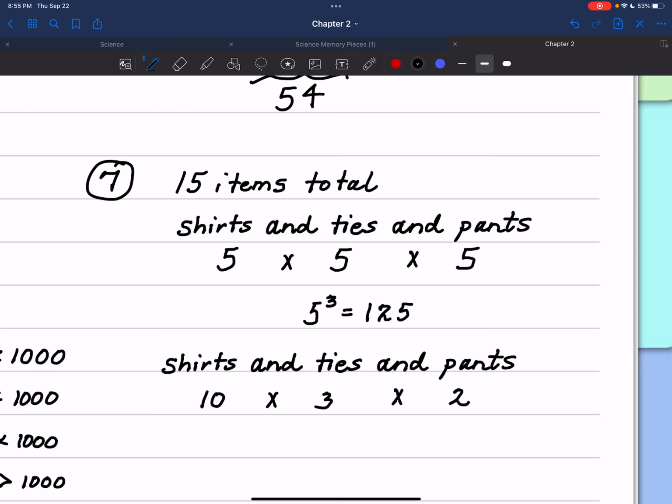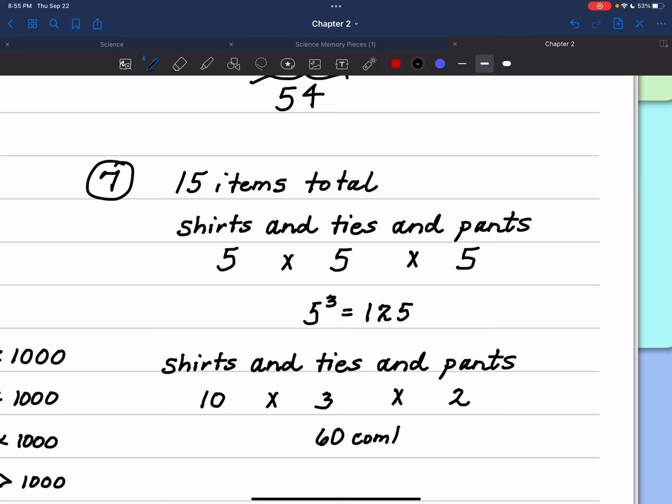So you think by increasing the number of shirts or ties or pants, whatever, that you could maximize the number. So let's see what we get. 10 times 3 times 2. That's just 60 different combinations.